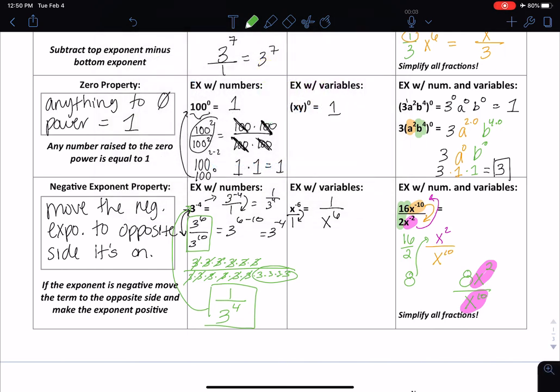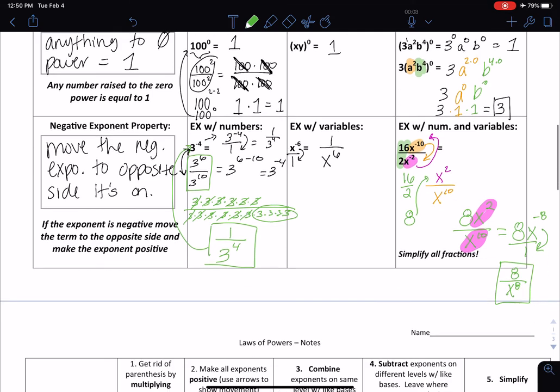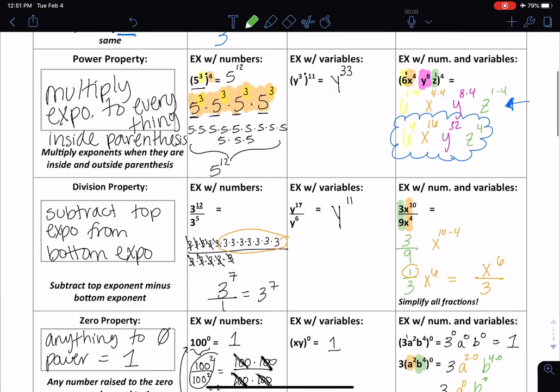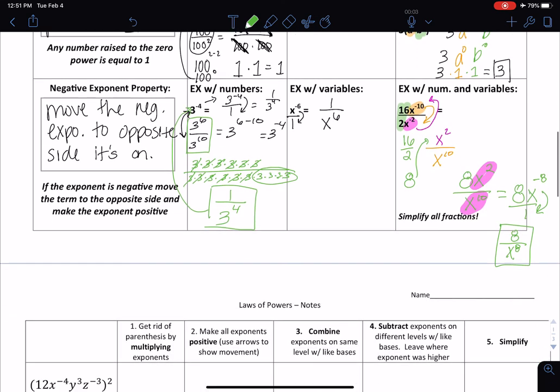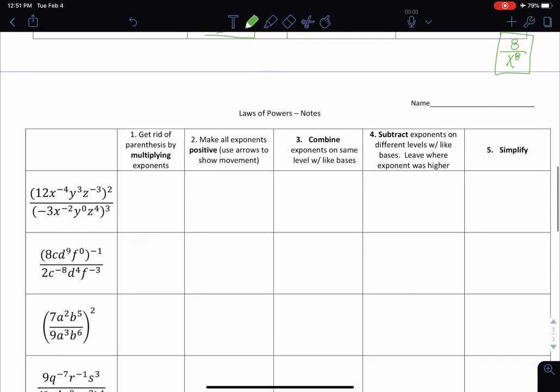So this is 8x to the negative 8, but I don't want that negative 8, so I put it on the bottom so that it's not negative. So I have 8 over x to the 8th is my official final answer. Okay? All right, so this is going to be your cheat sheet for all the rules and some examples for you to follow. So now here's the rest of our notes.